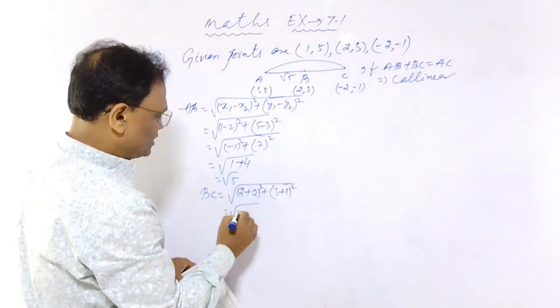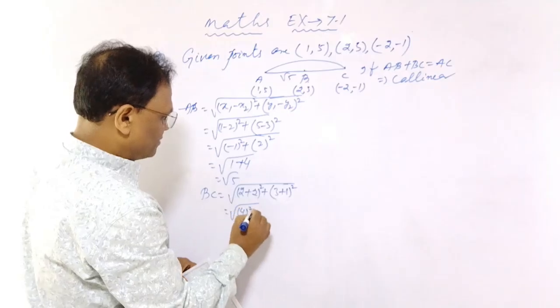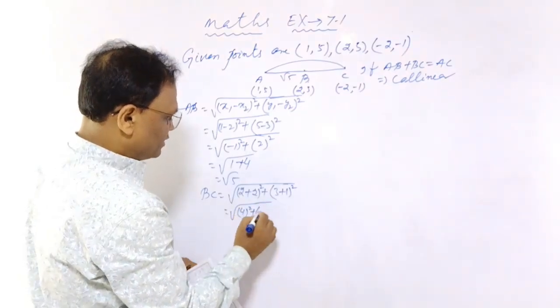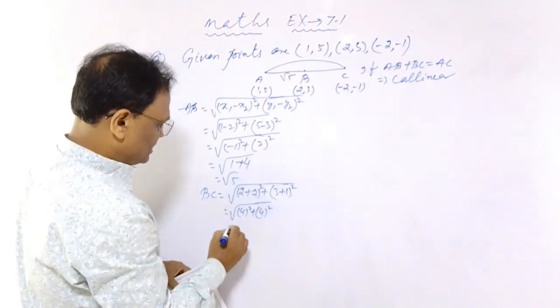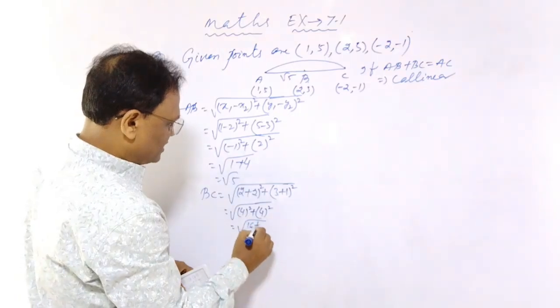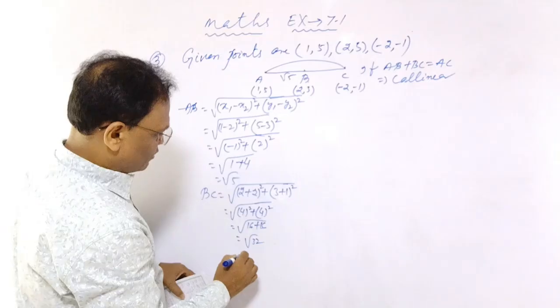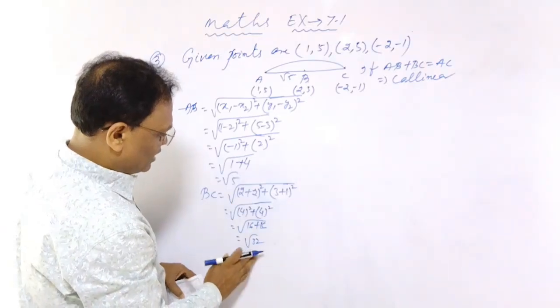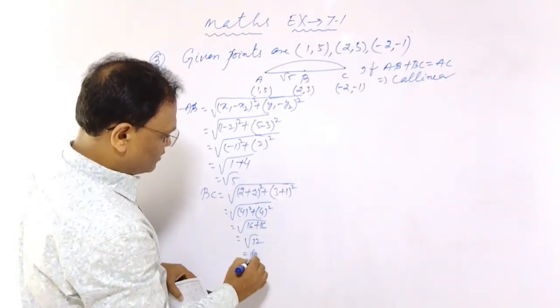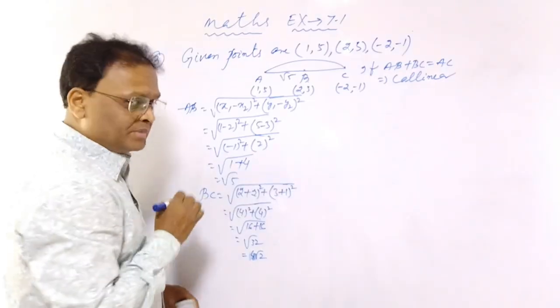This gives me 2 plus 2, 4 square, plus 3 plus 1, again 4 square. That is 16 plus 16, which is root 32, and root 32 is nothing but 4 root 2. So this is BC I got.